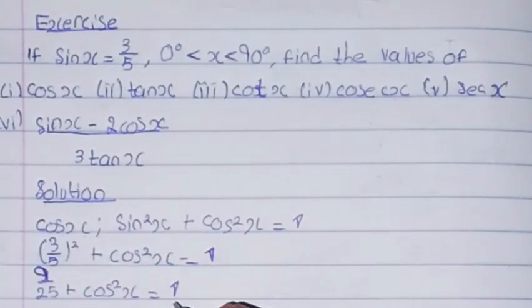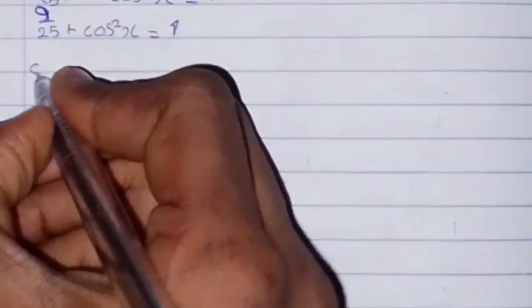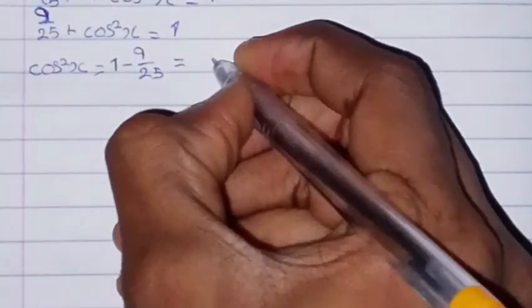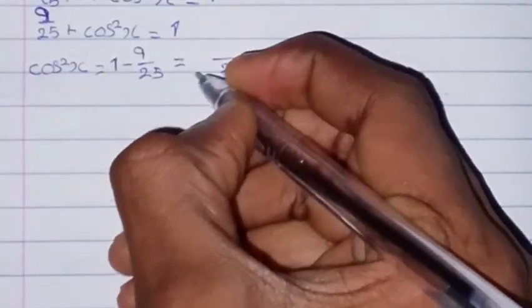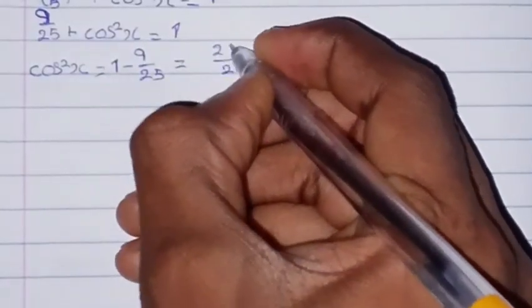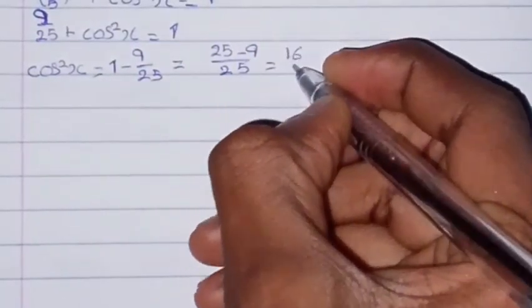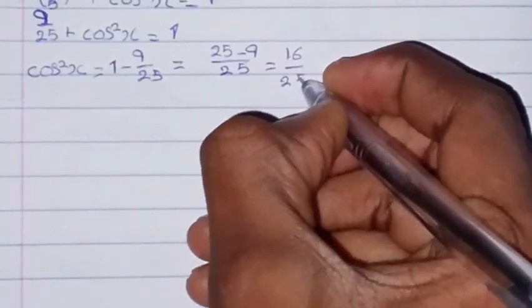So we have that cos square x, if we collect like terms, will be equivalent to 1 minus 9 over 25. We'll pick the LCM, which is 25. Here becomes 25 minus 9, that gives us 16 all divided by 25.